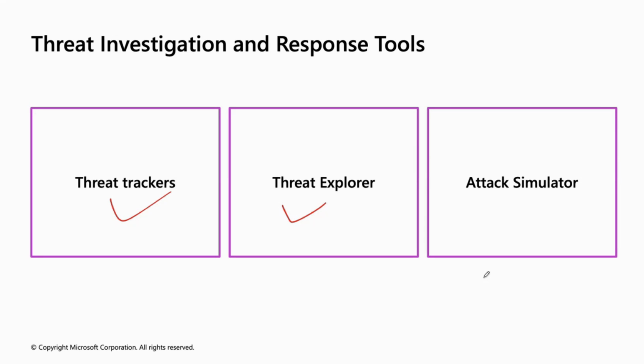Then you have Attack Simulator. Attack Simulator allows you to run realistic attacks in your organization so that you can identify the vulnerabilities and vulnerable users. Simulation of current types of attacks are available here. So for your end users, it would be something like a real attack.